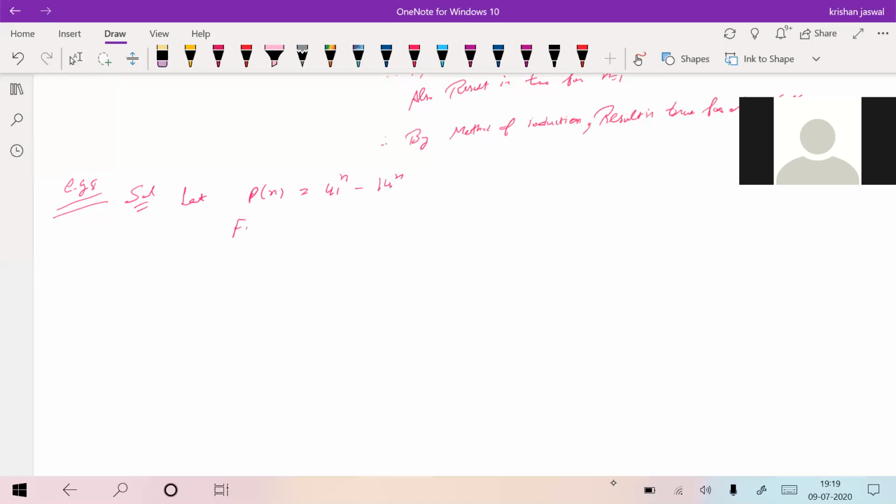Now for n equal to 1, P1 is equal to 41¹ − 14¹, 41 minus 14 is equal to 27, which is 27 times 1. Therefore Pn is a multiple of 27. Therefore the result is true for n equal to 1.